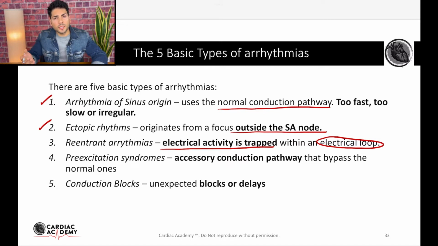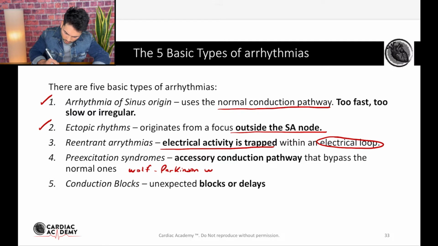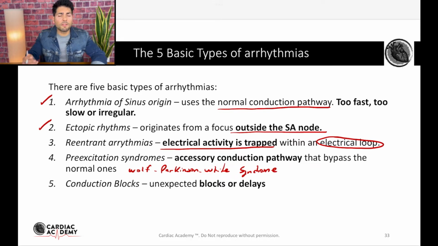Next, we have pre-excitation syndromes, and this type of syndrome uses an accessory conduction pathway, and the classic example is Wolff-Parkinson-White syndrome. And finally, we're going to be talking about conduction delays.